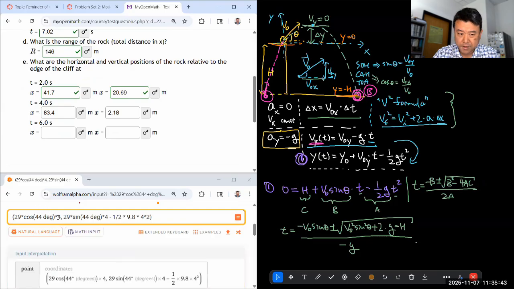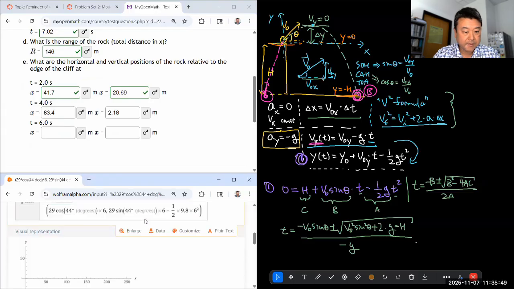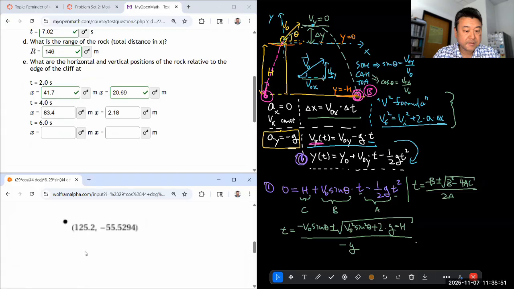It's probably 6. Replace all the 4's with 6's. And I get, yeah, now it gets a negative height. 125.2. And for physicality, this number should not be more negative than minus 100. If they gave us t equals 8 seconds, then it's a trick question, because the rock already landed.